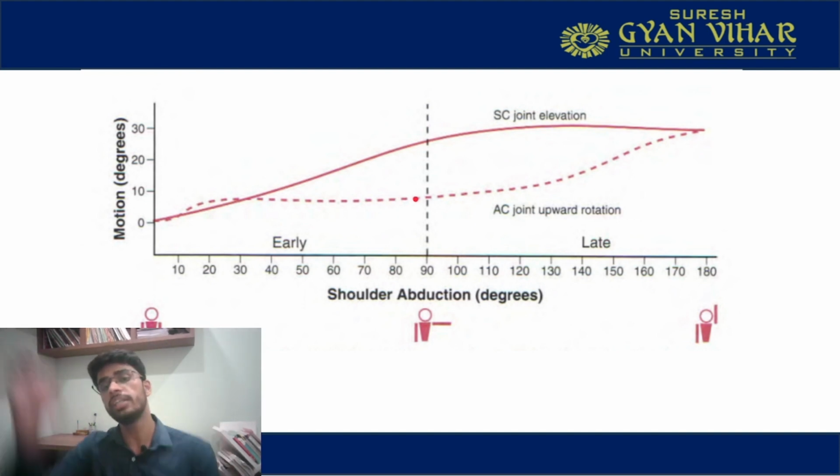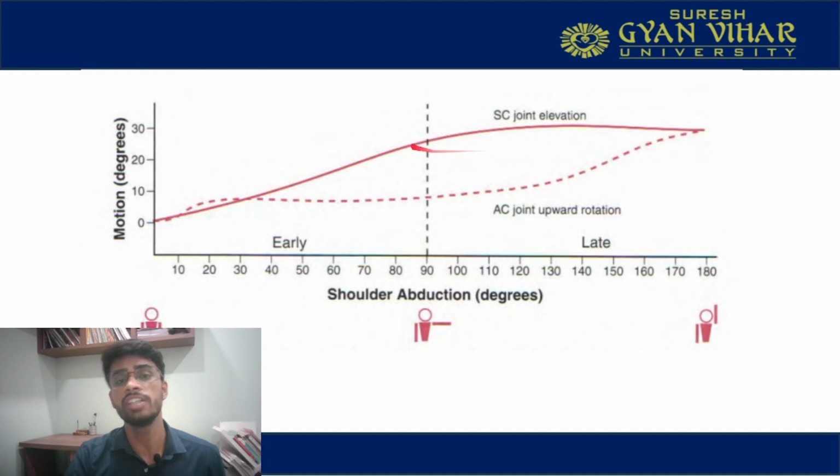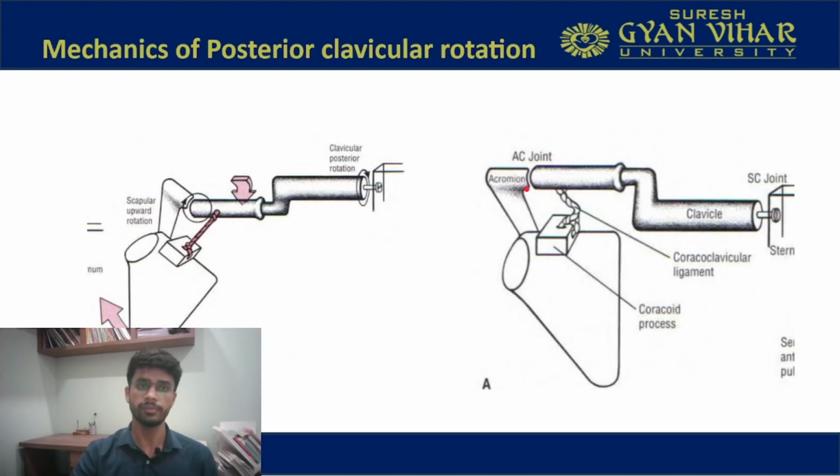From 90 degrees, the AC joint comes into the picture and it goes till 30 degrees, and from here the ST joint is elevating and going till 30 degrees. So in the early phase, which joint was dominating? Your SC joint. And in the late phase, which joint is dominating? Your AC joint.